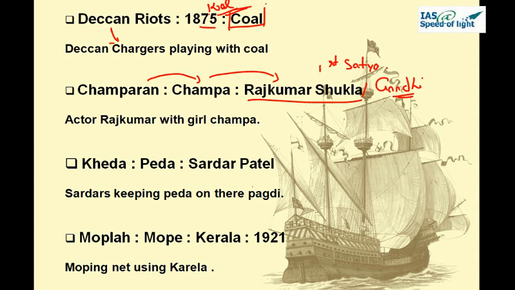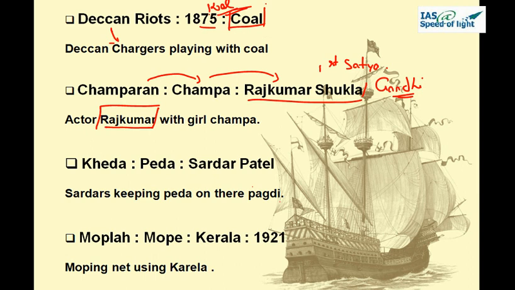There are some South Indian actors also, some North Indian actors also. So we relate it with Girl Champa, and if you remember Girl Champa, we also related it with Gandhiji doing Satyagraha for the magazine Girl Champa, right? Magazine is 1917, so it was 1917 Champaran.